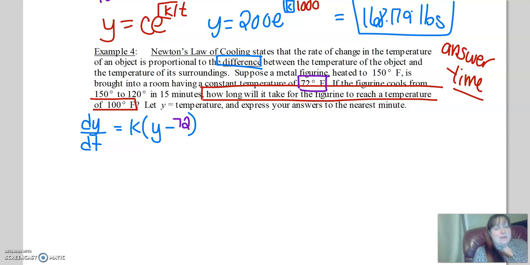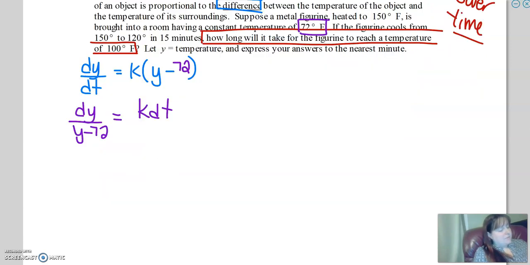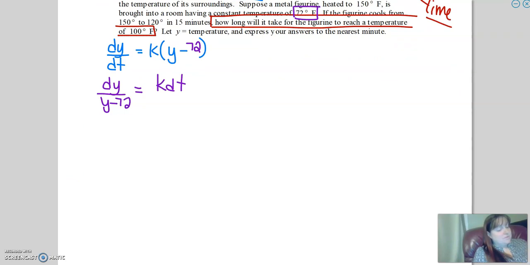Now we're going to go ahead and separate the variables and find an actual equation that we can use that doesn't have a derivative in it anymore. So we're going to have dy over y minus 72 equals k dt, because I just divided and multiplied. Okay, and then we're going to integrate both sides.